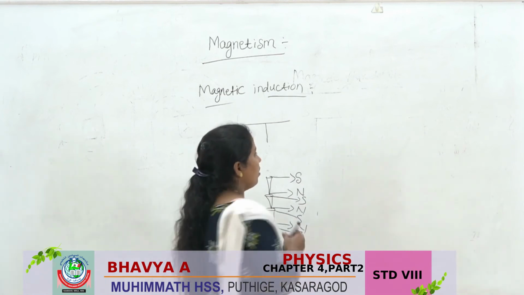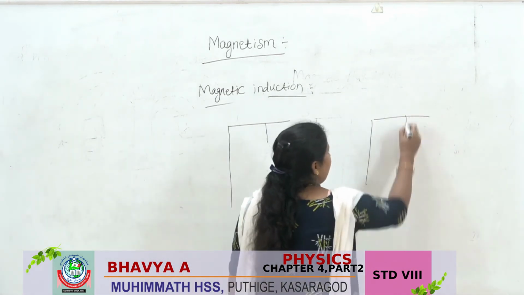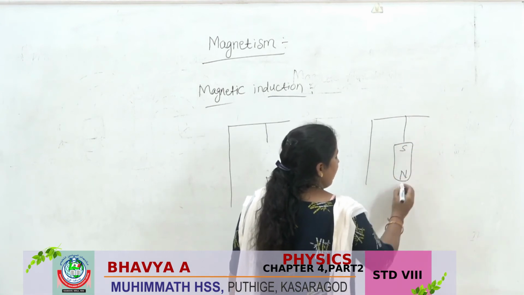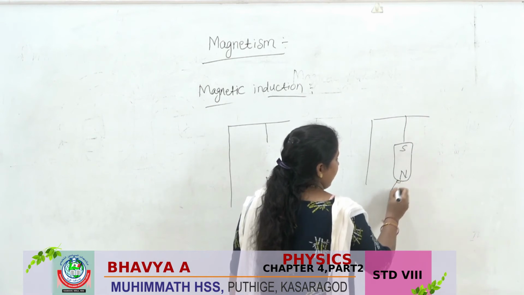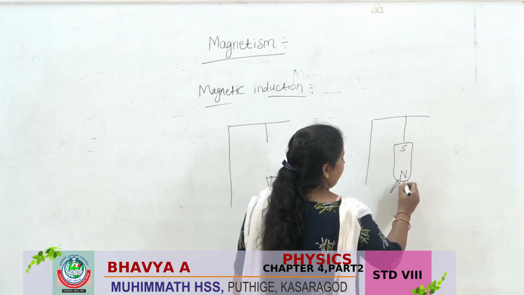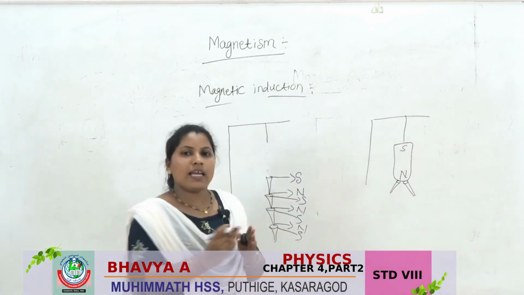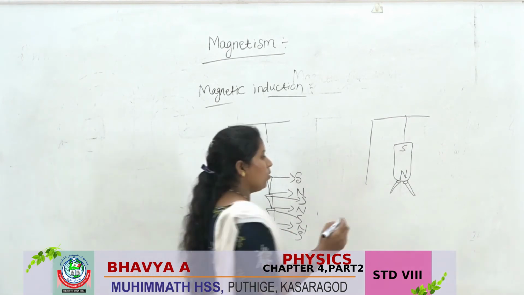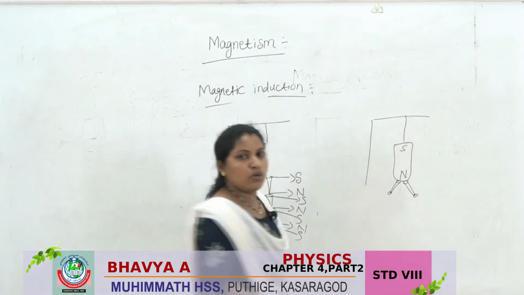So see here, you should suspend a bar magnet. There are two poles. Here it attracts one pin, and another pin attracts like that. But this tip of the pin is repelling. Why does that repulsion take place? Because these two ends are the same pole.